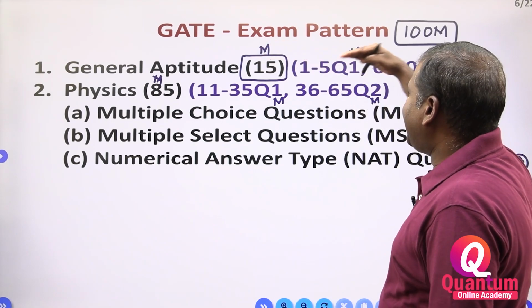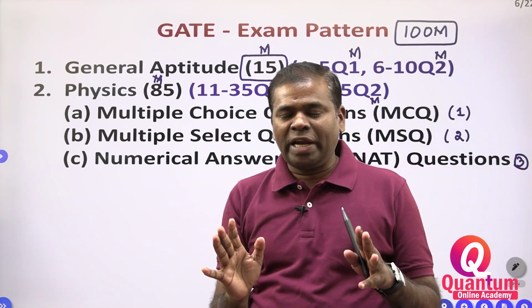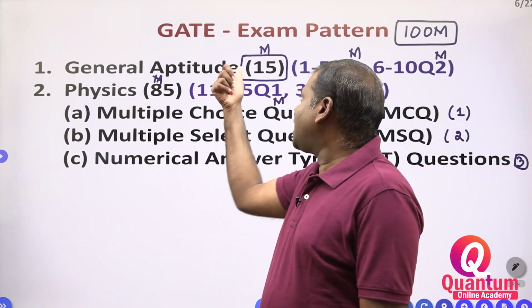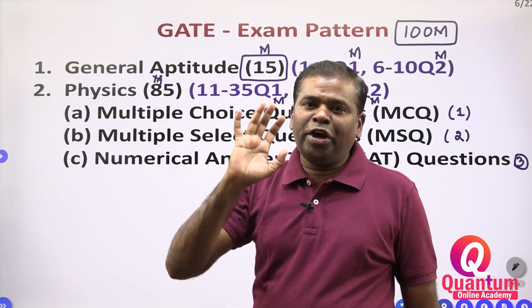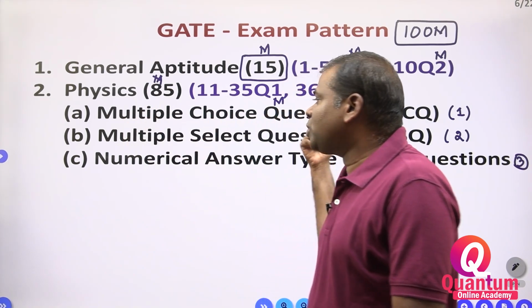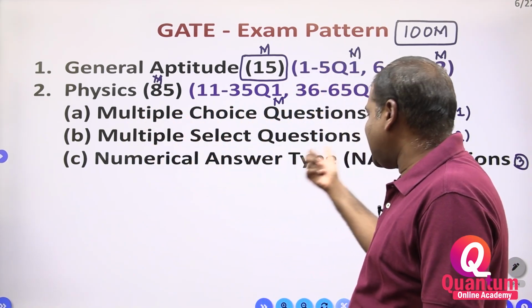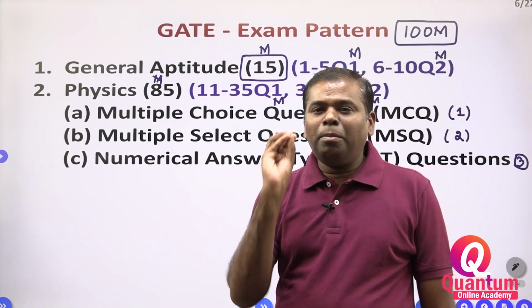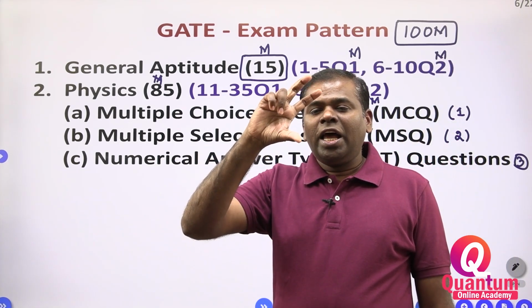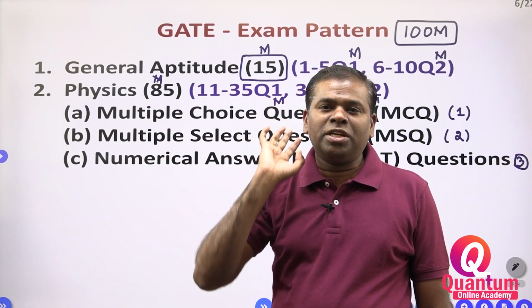Clear? The GATE exam pattern is also of 2 types. One is general aptitude, that is 15 marks only. Here physics is 85 marks. Multiple choice questions are there. Multiple select questions are there. Numerical answer type questions are there. In multiple choice questions, among the 4 options, 1 option is correct.